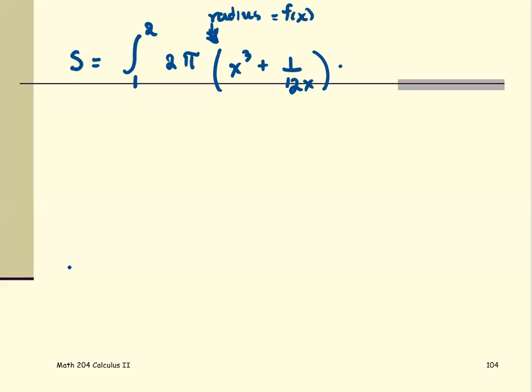And then multiply by the square root of 1 plus y prime squared, which we already simplified to be the power 2 of 3x squared plus 1 over 12 x to the negative second, with respect to x. Let me rewrite it.